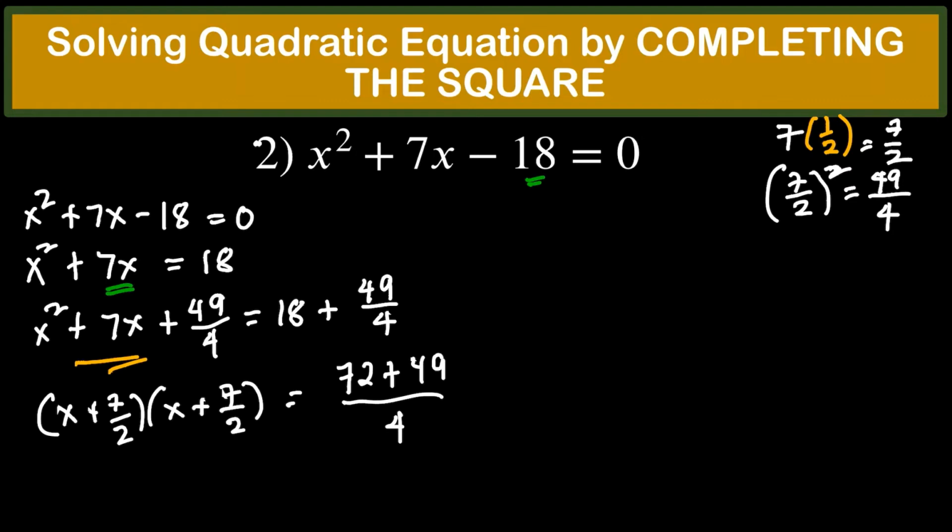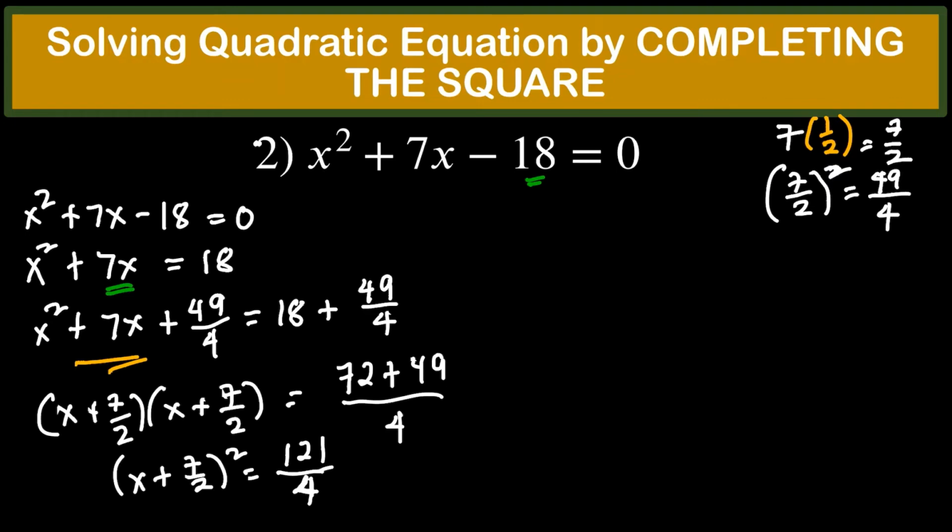And so we can now rewrite this as x plus 7 over 2 squared equals, adding 72 plus 49, 121 over 4.